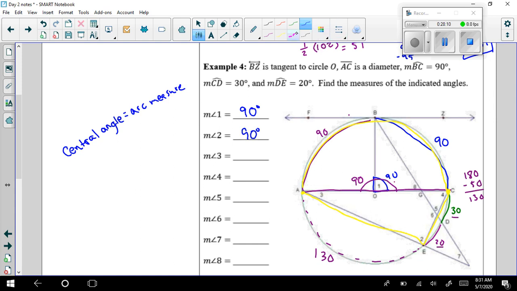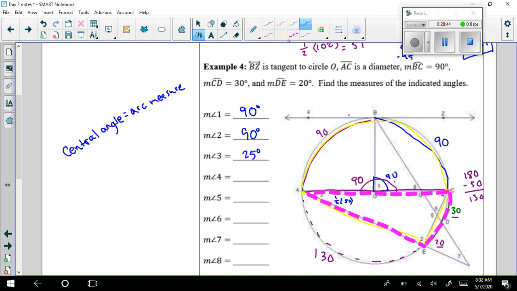Angle 3 is right here. So its intercepted arc is C to E, which is 50, because it's 30 and 20. So it's half of 50. So it's 25 degrees. Okay, so 1/2 of 50. Angle 4 is right over here.